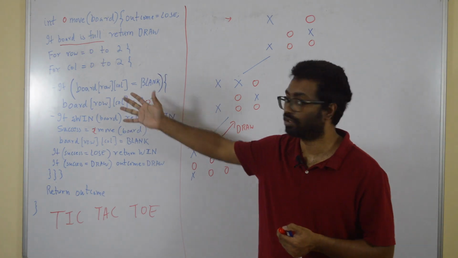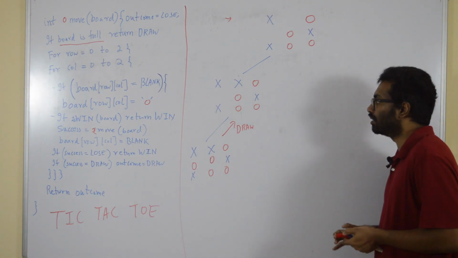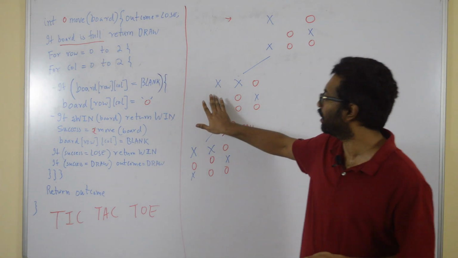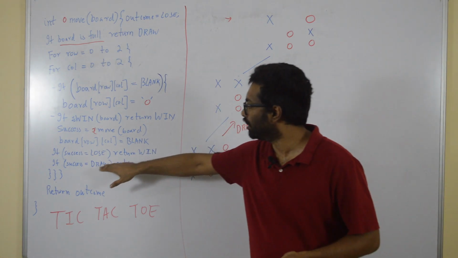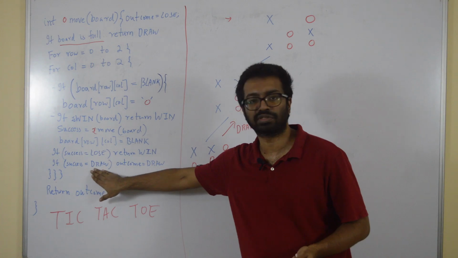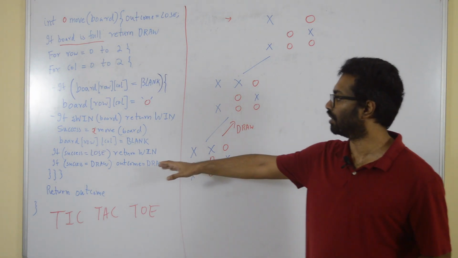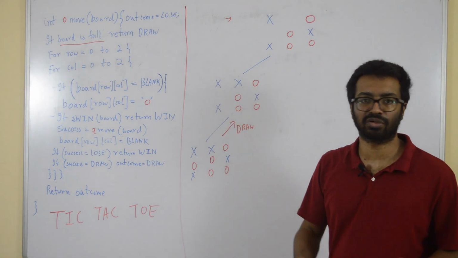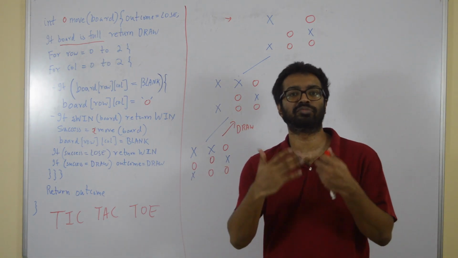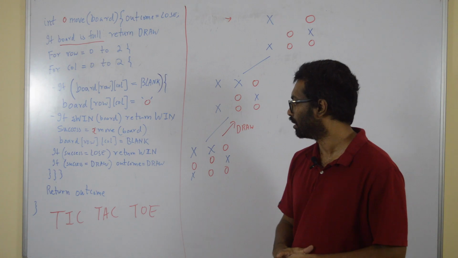So we are back to this function now again. So O move had tried to play here and it resulted in a draw, right? And that means its success is now set to draw, right? Because success is draw because it got return as draw, and therefore outcome also becomes draw, right?